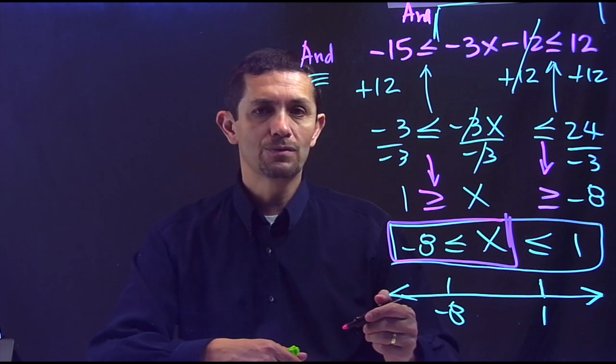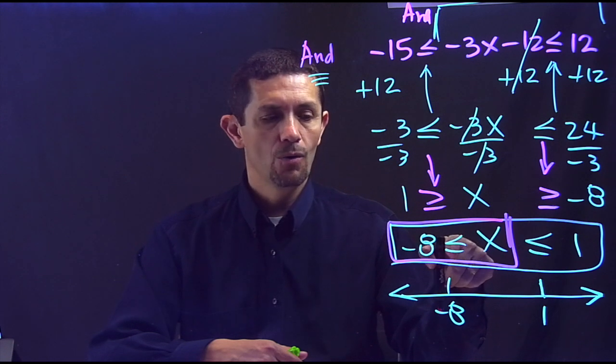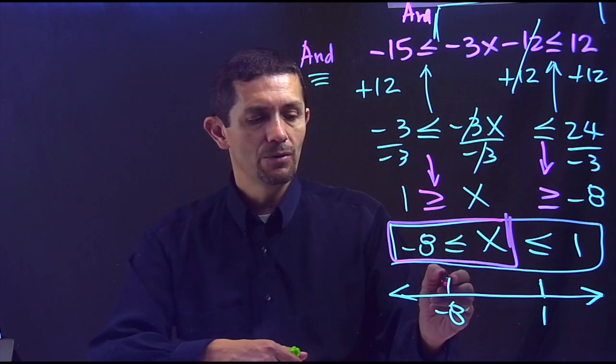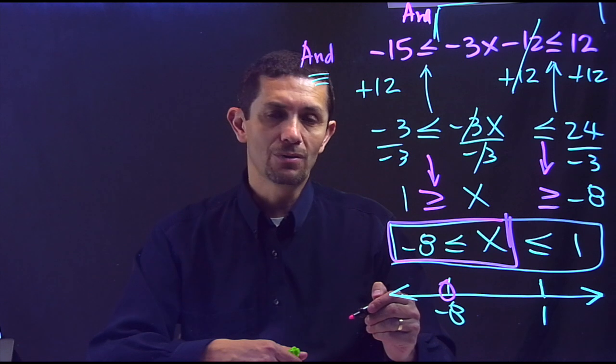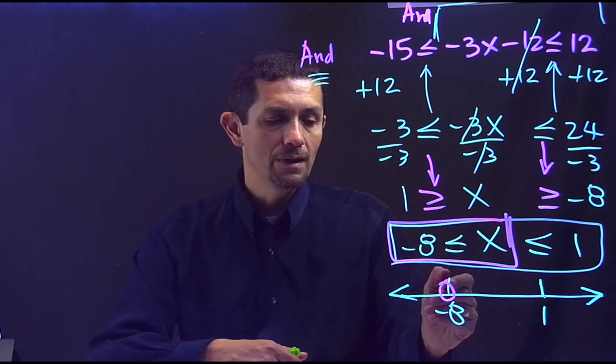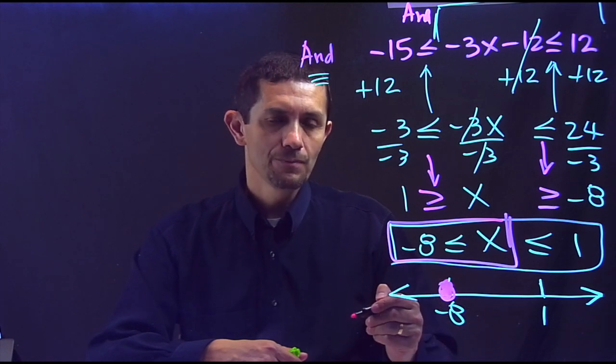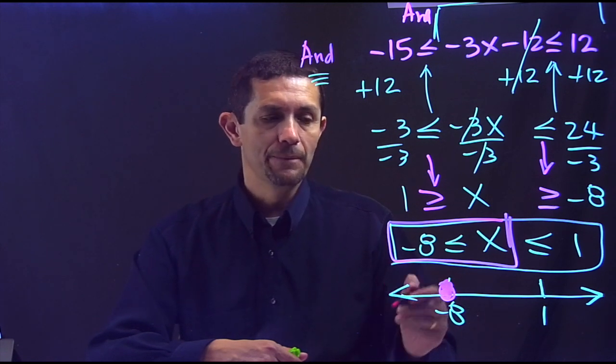I'm going to read always from the x. X is greater than or equal to negative 8. So I'm going to come over here to negative 8 and I always put a circle. If my inequality symbol has an equal underneath, that circle is going to be shaded. Let's read that again.